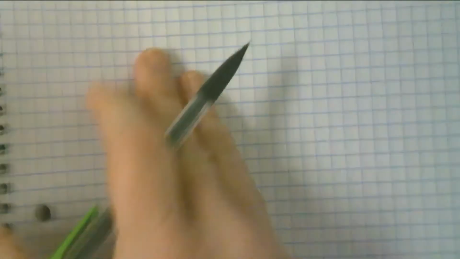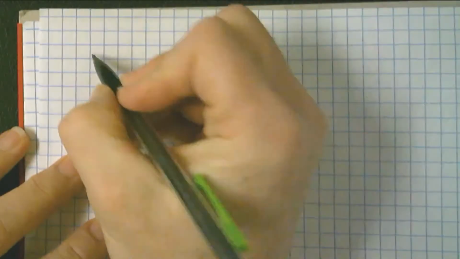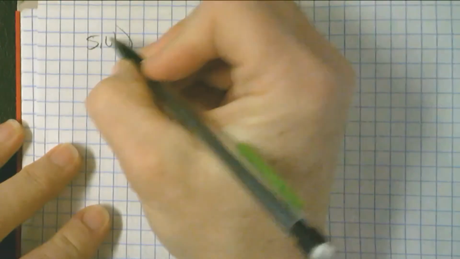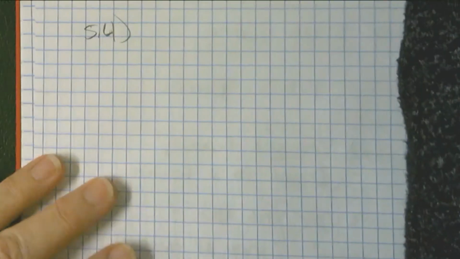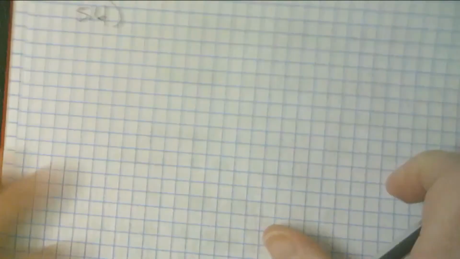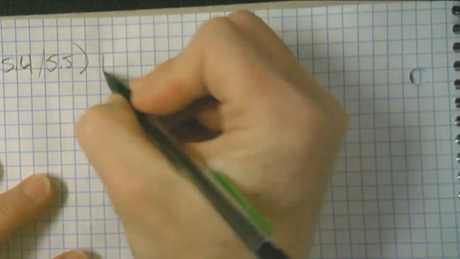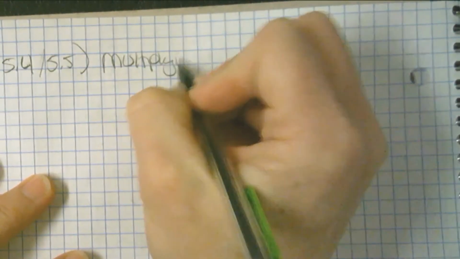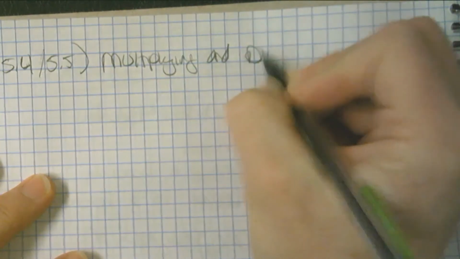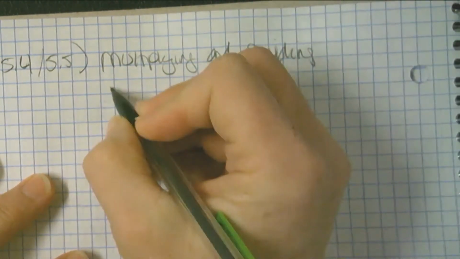The next section we had was 5.4, where we were multiplying fractions. I'm going to put these two together, 5.4 and 5.5: multiplying and dividing fractions.